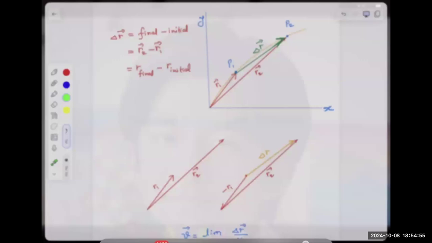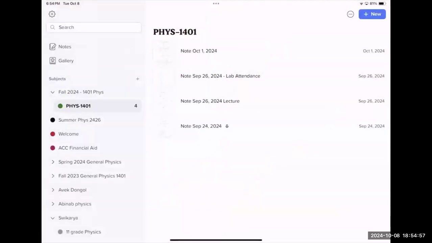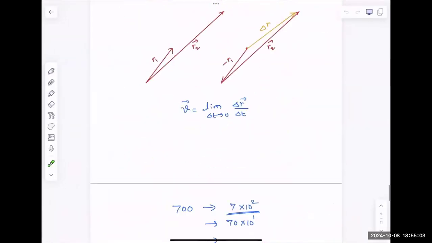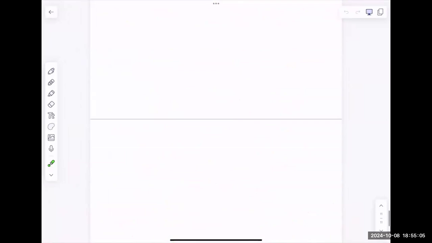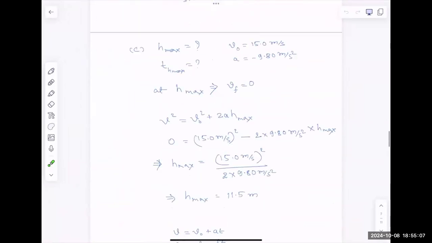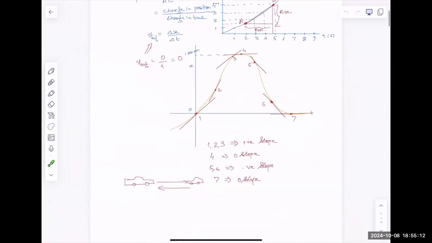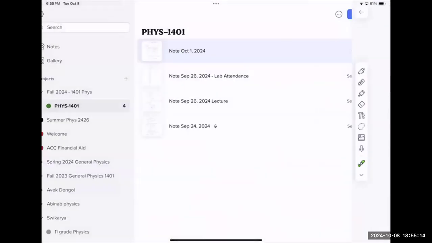So let me go here. Where the vector, when did I do this? We did the vector addition, right?